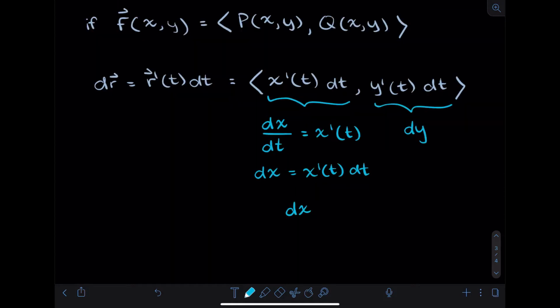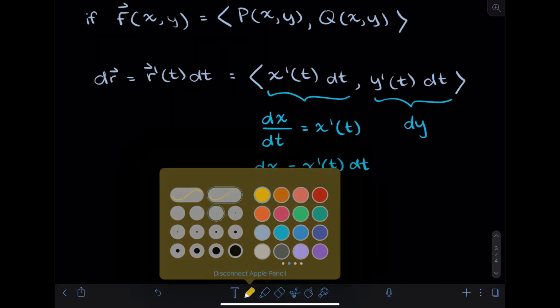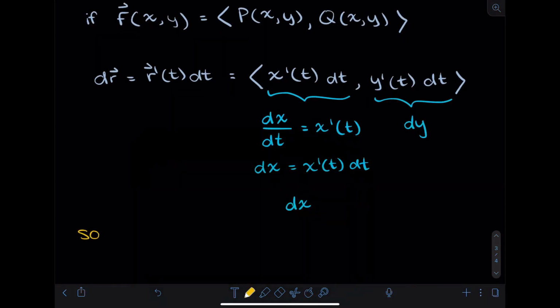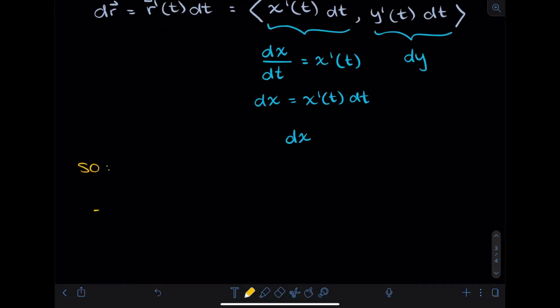So actually, we can simplify this. And what we end up having is that if we're dotting these two vector functions, F and dr, which is what we're doing when we're doing that integral, this is really dotting the functions P and Q with just these two differentials, dx and dy.